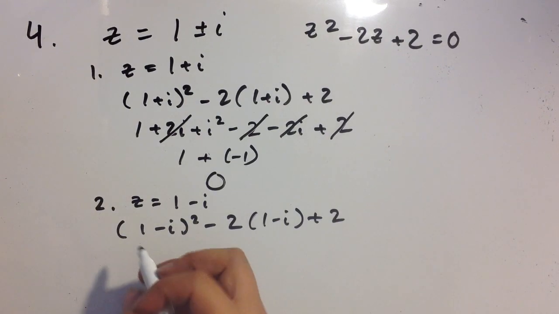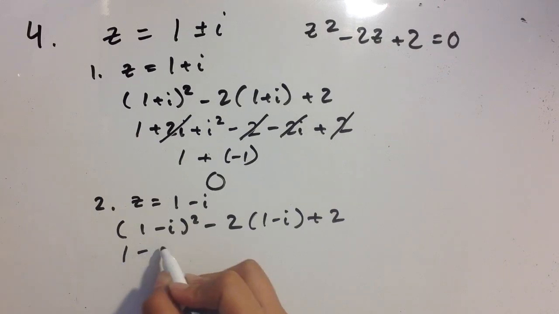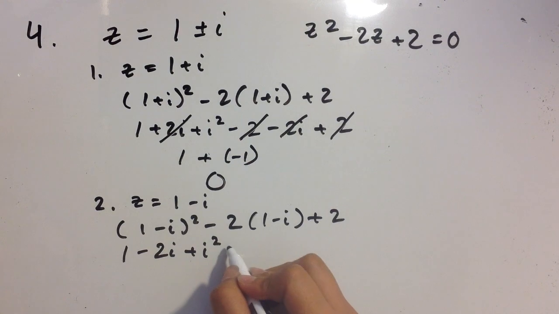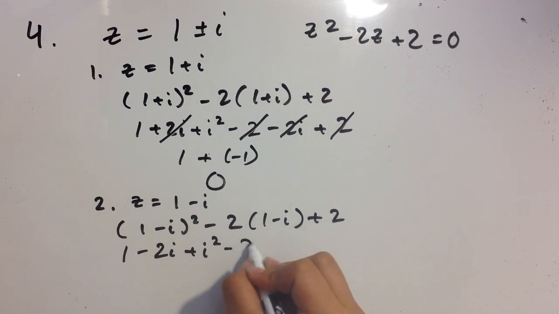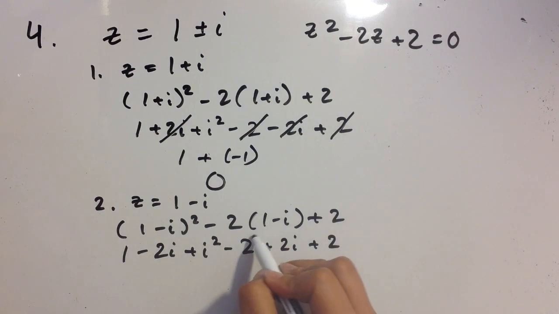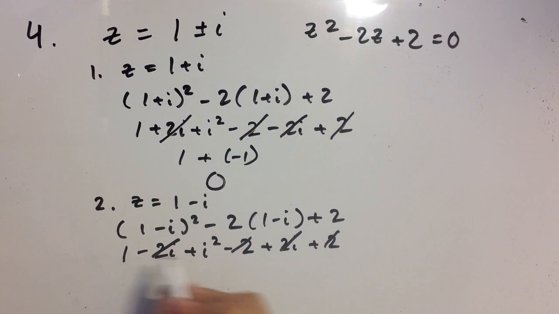In this case, we also get 1 minus 2i plus i squared, then multiply through 2, we get minus 2 plus 2i, then plus 2. So 2's cancel out, 2i's cancel out, and we're left with 1 minus 1, since i squared is minus 1, which is again 0. So this finishes this problem.